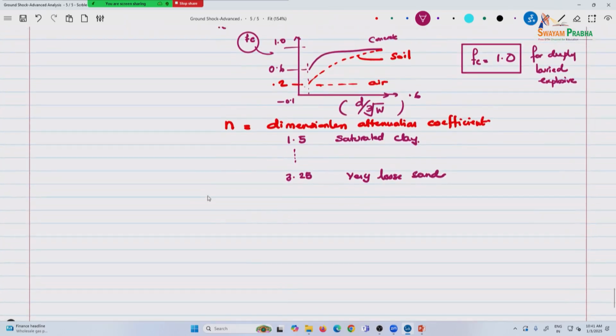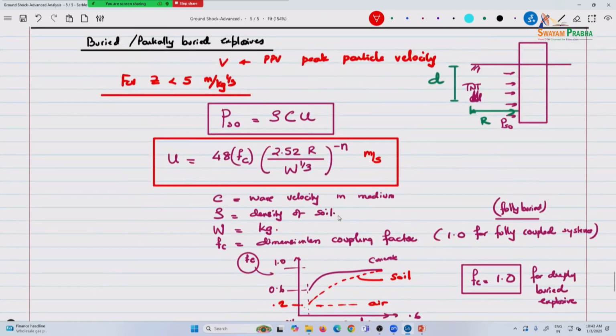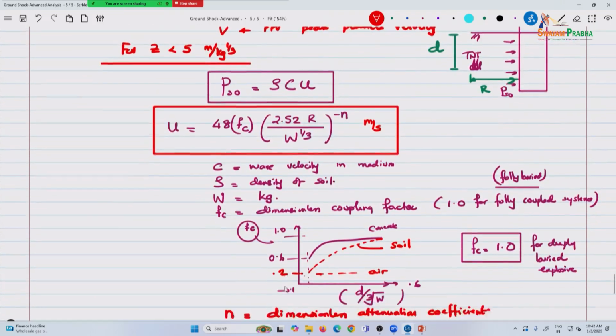The other thing of interest is the side-on specific impulse. The side-on specific impulse IS is again rho C V, where V is the peak particle velocity.